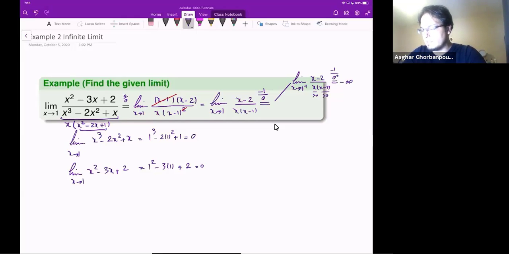This will give me negative infinity. And for the left limit, this is negative 1 over 0 with small negative numbers, and this will give us positive infinity.